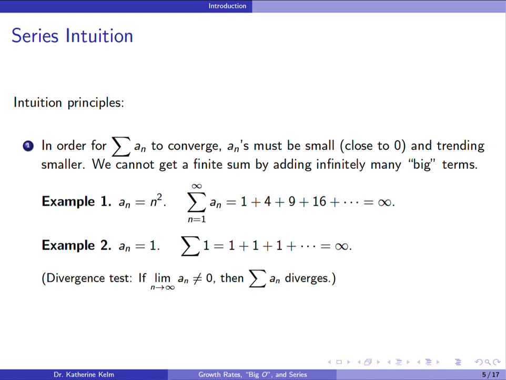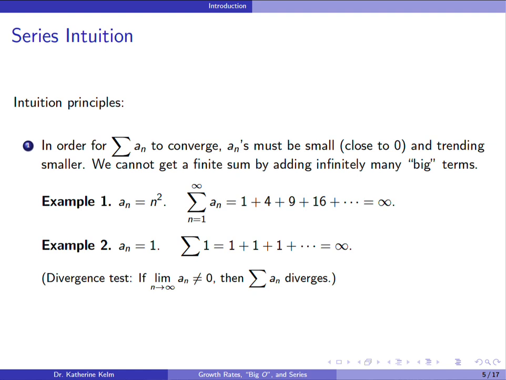So as a couple quick examples, if an was n squared, then we would definitely get an infinite sum because we'd be adding up 1 plus 4 plus 9 plus 16 plus and so on. That's definitely infinite. And in example 2, even if an is 1, the sum of 1 plus 1 plus 1 plus 1 plus and so on forever and ever, that's also going to be infinite.